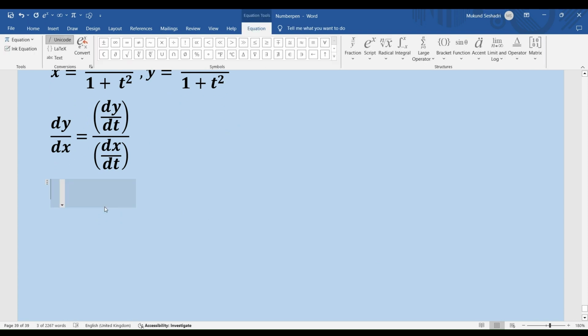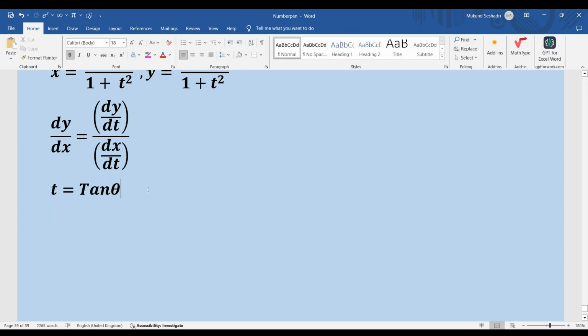And when I make that substitution, my dy by dx expression obviously changes. It's no longer dy by dt divided by dx by dt because I'm going to put my x and y in terms of theta, right?